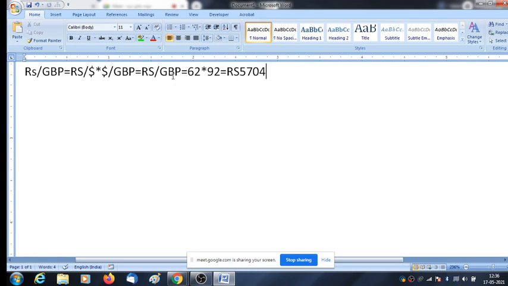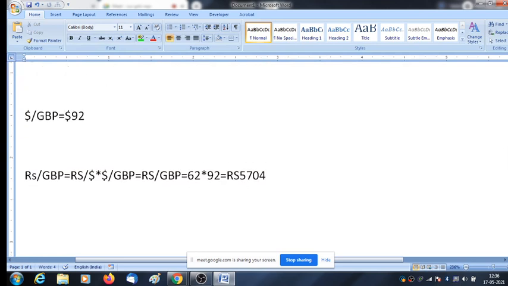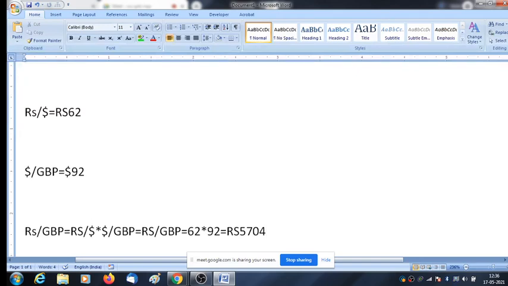That is our target. We are taking rupees per dollar, given as 62, and dollar per GBP, given as 92. We simply multiply them, and the resultant figure will give you GBP in terms of rupees. This is the basic concept of cross currency. Have you understood it or not? Just give me the feedback. Yes, sir, I have understood.